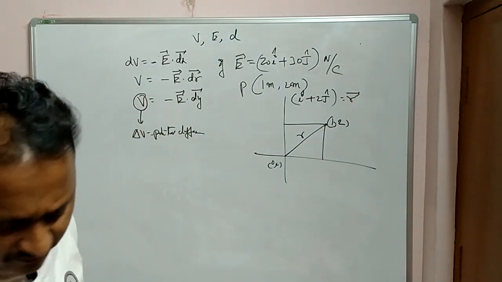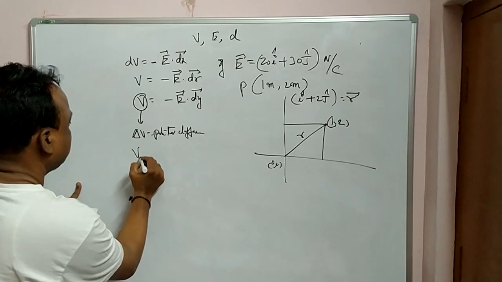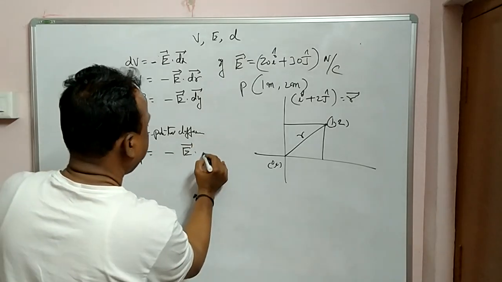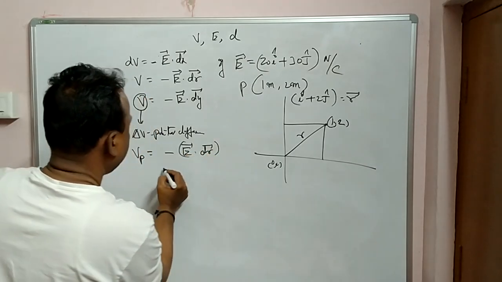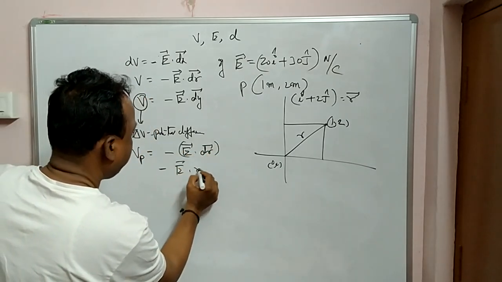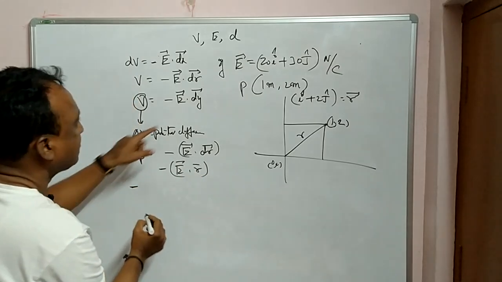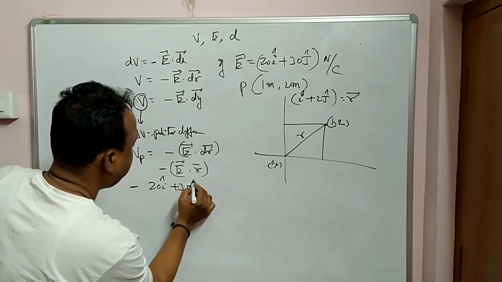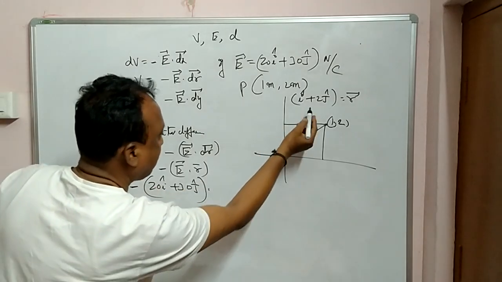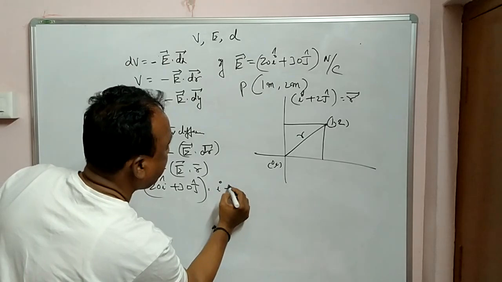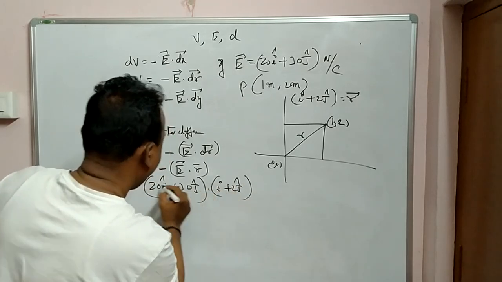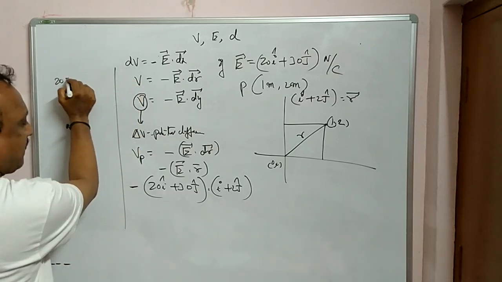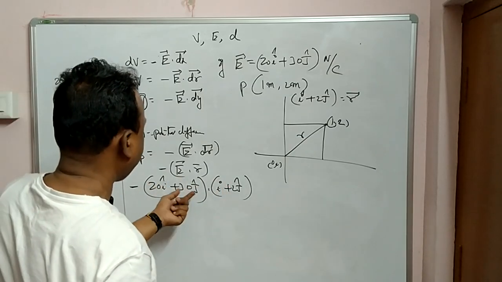Now for this one, we will calculate the potential Vp. Simply, you can write minus E dot R. So minus, what is E here? 20 i cap plus 30 j cap dot R. What is the position vector there? i cap plus 2 j cap. i dot i, 1 into 20, that is 20. i dot j and the rest are 0 from the vector properties.